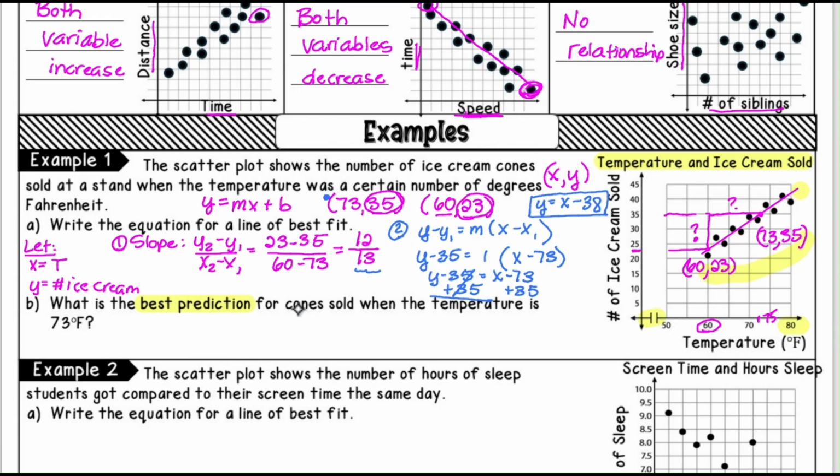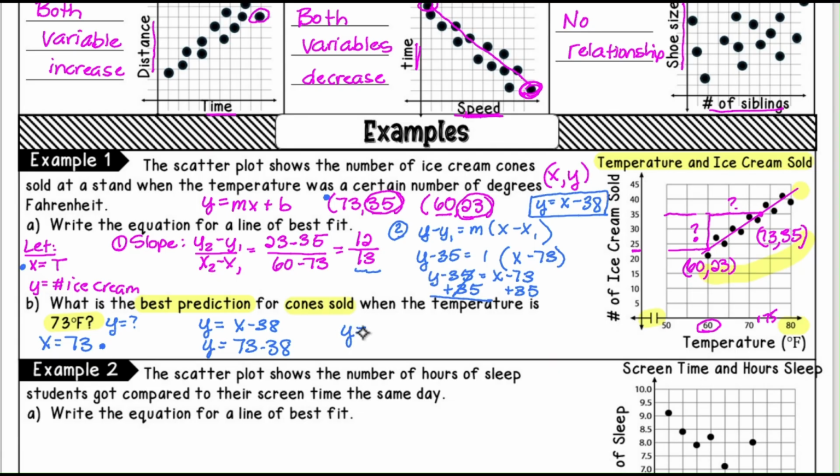So it says, what is the prediction for cones sold when the temperature is 73 degrees? So let me go remind myself. My temperature was X. So when my X is 73, we're saying, what is my Y? I'm going to grab my equation. My Y equals X minus 38. So my Y is going to be 73 minus 38.